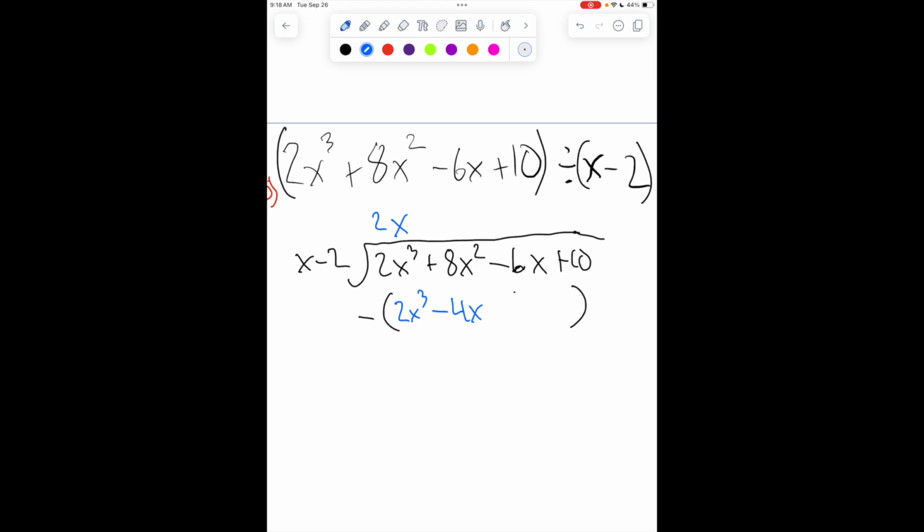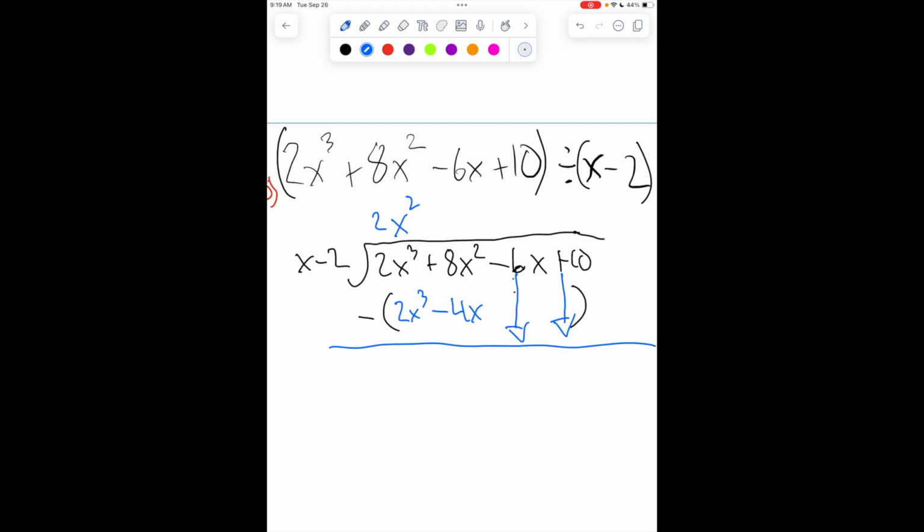All right. And again, we don't really have anything else there. So again, this term will eventually be brought down. And this term will be brought down as well. But when I'm looking at canceling, I see, okay, these two terms, 2x to the third minus 2x to the third cancels out. 8x squared minus 4x, excuse me, and I should have put, I forgot, so this should be a 2x squared.